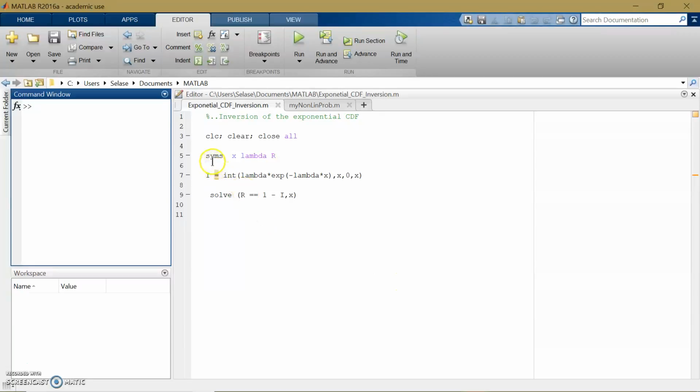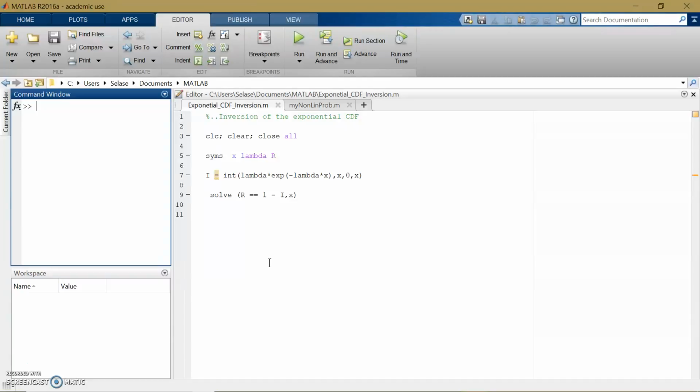It's a simple integration, really. We're going to find syms x lambda r, and then our equation is the exponential distribution, which we're naming I, equal to the integral of lambda times the exponent of negative lambda times x, from 0 to x.